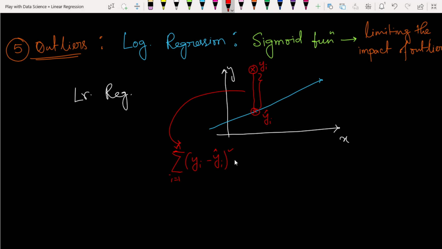This is called the square loss. Because of the square loss, the impact of the outlier in linear regression is so much. Here we cannot use the squashing technique with the sigmoidal function as in logistic regression, so the outlier impact is huge.